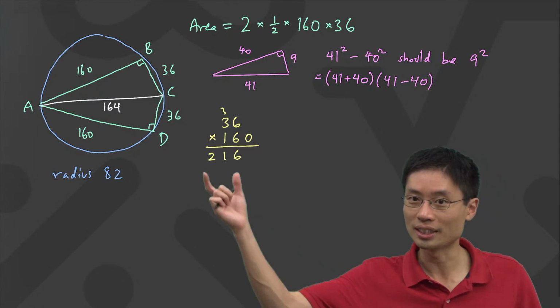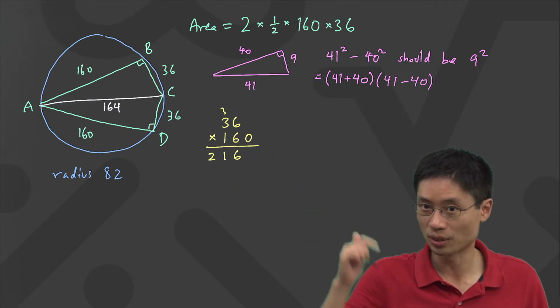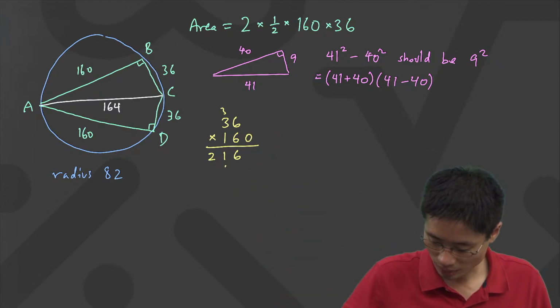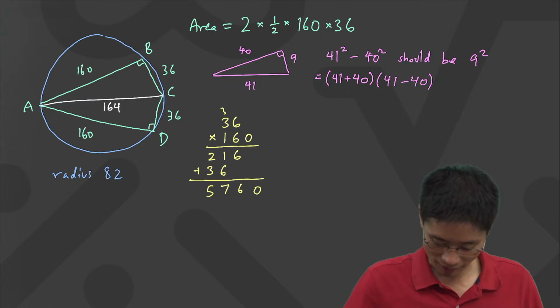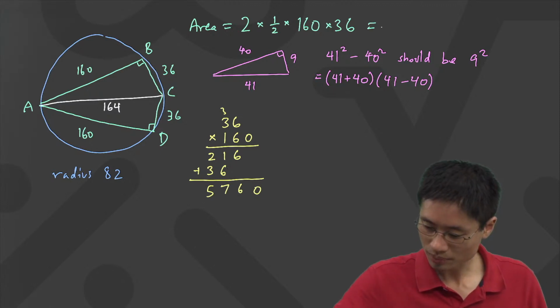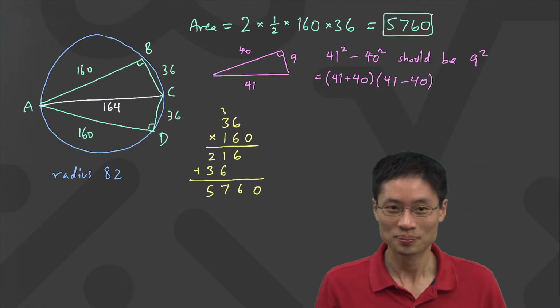That's good. 216 I expect, because 6 times 36, that's 6 times 6 squared, so it should be 6 cubed. And then I do the 1 times 6, 1 times 3, add, and I get 5, 7, 6, 0. And that is the answer.